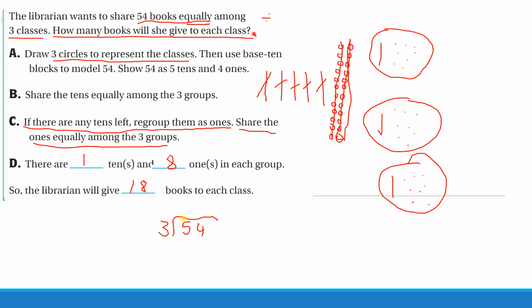So 3 goes into the 5 10s. We broke up those 10s evenly. There was going to be 1 10 in each group. So we're in the 10s place, see? And there was 1 10. 3 goes into 5 1 time. And we see that 1 10 represented here in our model. That's 1 long, which is worth 10.